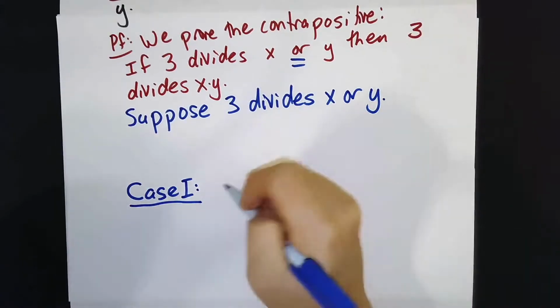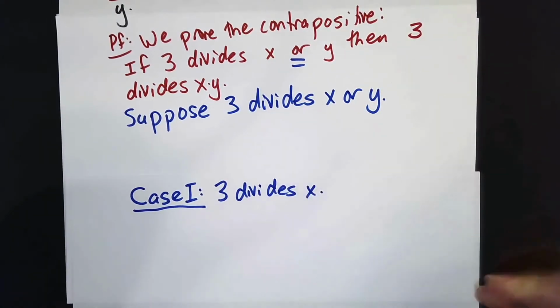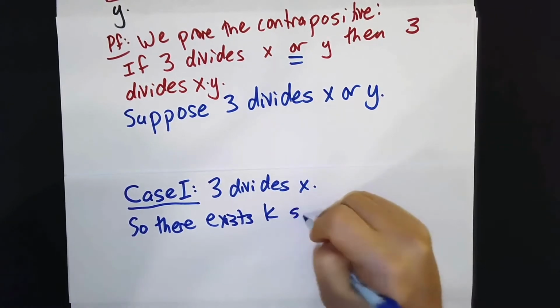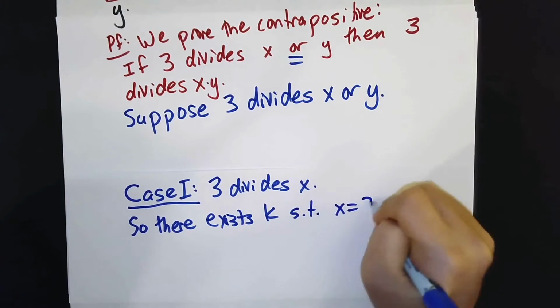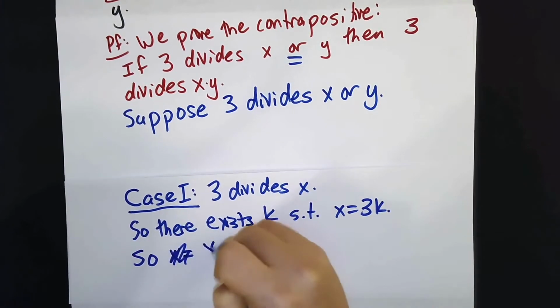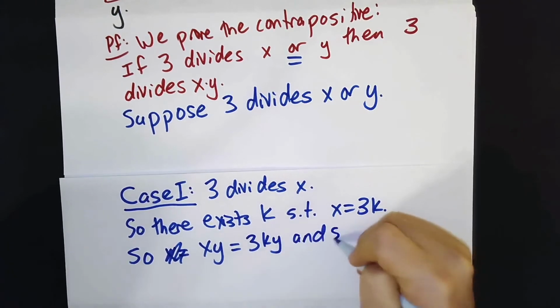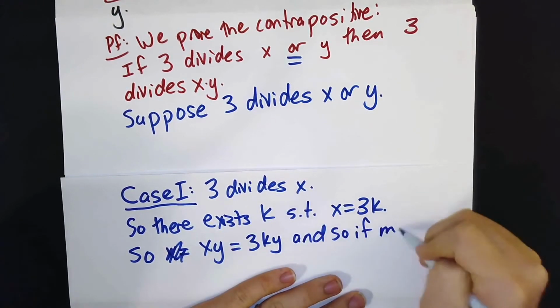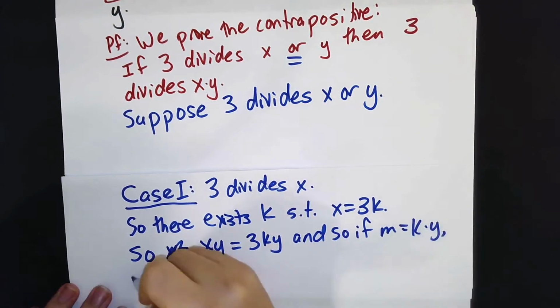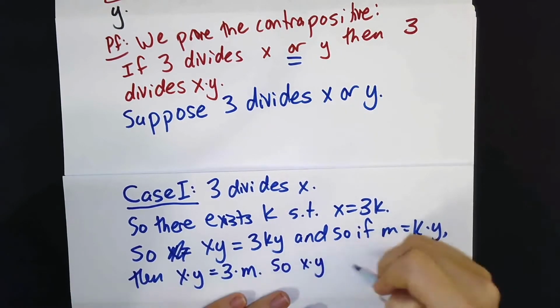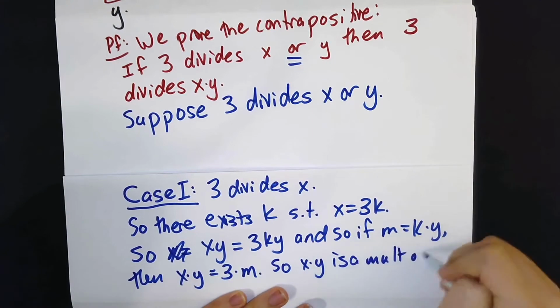So, case 1, 3 divides x. That means there exists k such that x equals 3k. So xy is 3ky, and if m is k times y, then x times y is 3m, and so x times y is a multiple of 3.